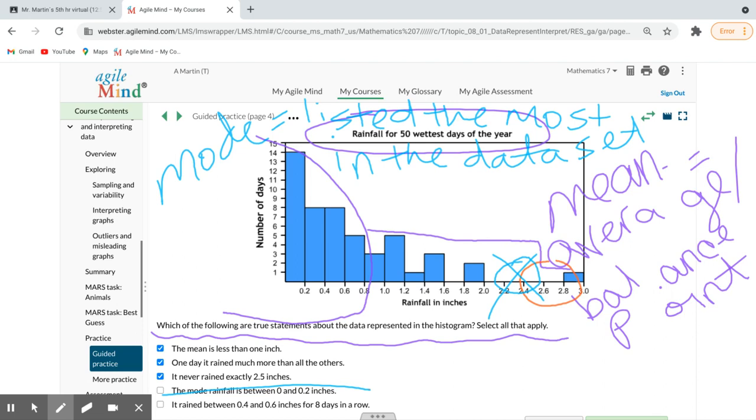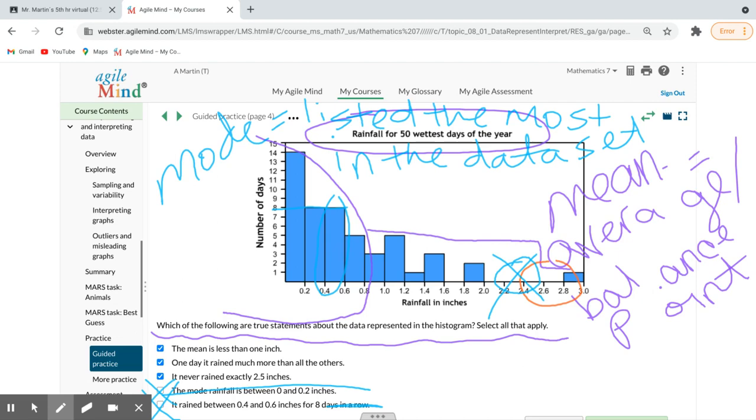Next one says it rained between 0.4 and 0.6 inches 8 days in a row. Well, when we look at 0.4 and 0.6, it is at 8. But this says 50 wettest days of the year. Does it say days in a row? Yeah, it doesn't say they're in a row. Correct. So that's 8 days out of an entire 365. So we don't know.